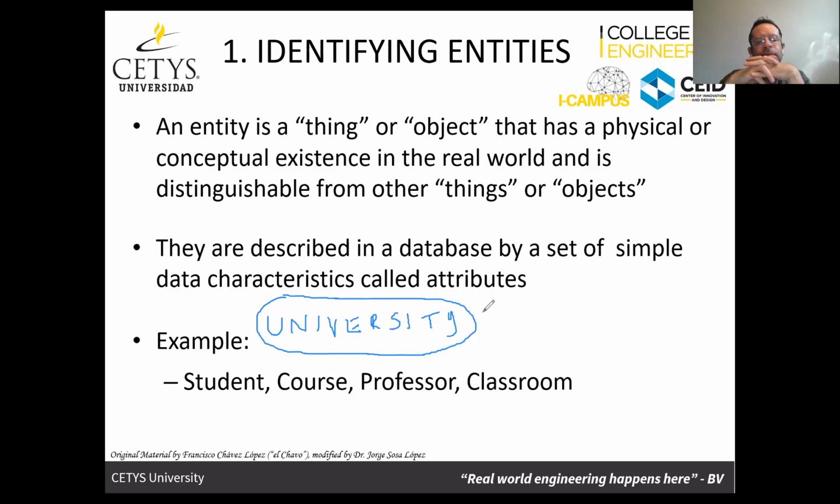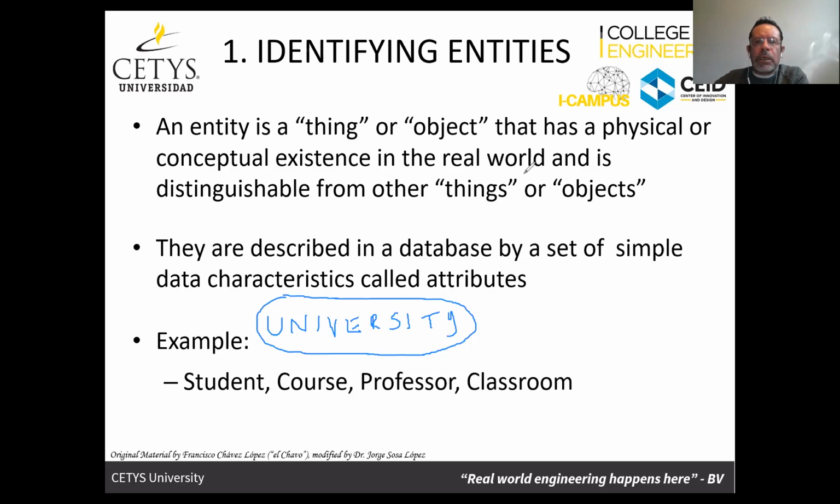Well, first off, a university, you would agree, is a very big organization. We need to think about what the system is for. For example, if it's an information system or a database system that has to do with classes or the scheduling of classes, then what would be the entities that are involved?